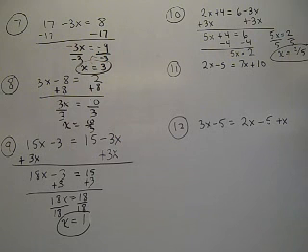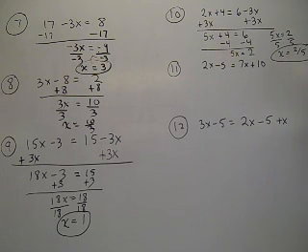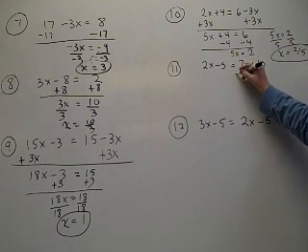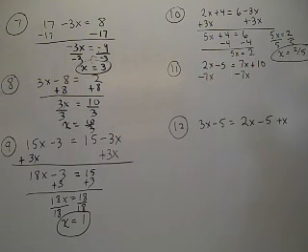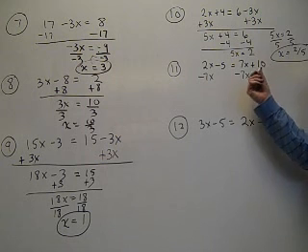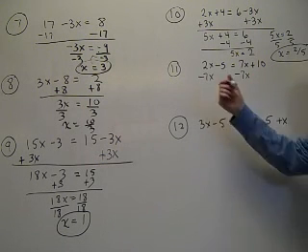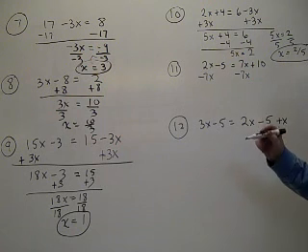Problem number 11. Again, let's get the letters over on the left, the numbers on the right. To get the letters all on the left, I have to subtract 7x. Now, some people's preference here is to avoid negatives in front of the x. That's fine. You can do that by subtracting 2x and going with letters on this side, numbers on this side. I'm just sticking consistently to my pattern, though.